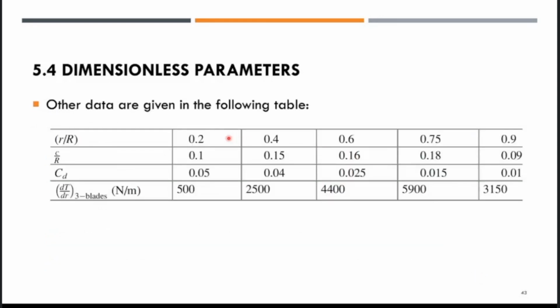Okay, other data is given in the following table, and using blade element theory, R over capital R, C over R, the CD, coefficient of drag, and then this is for the three blades, DT over dr. Okay, so it is given at locations 0.2, 0.4, 0.6, 0.75, and 0.9.